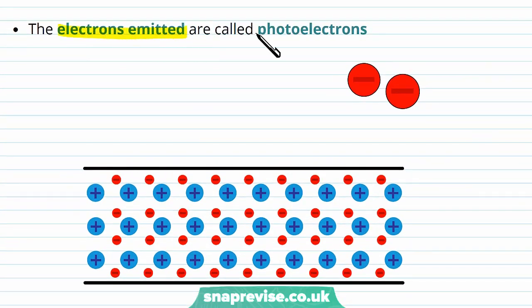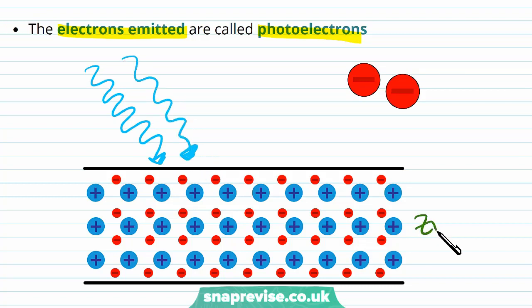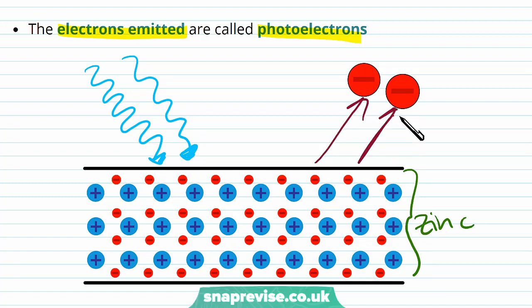The electrons emitted are called photoelectrons. So when our UV light is shone on our zinc metal, these electrons that were observed to be emitted were called photoelectrons. And this is because they're electrons that are emitted due to the photoelectric effect. So that's how they get their name.